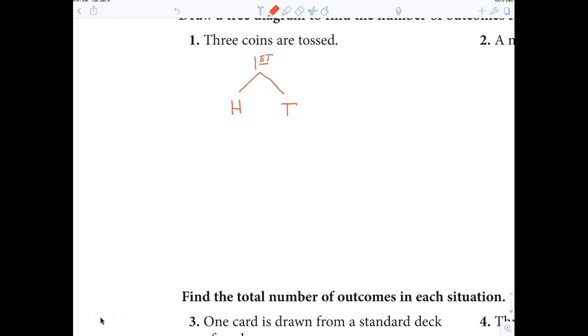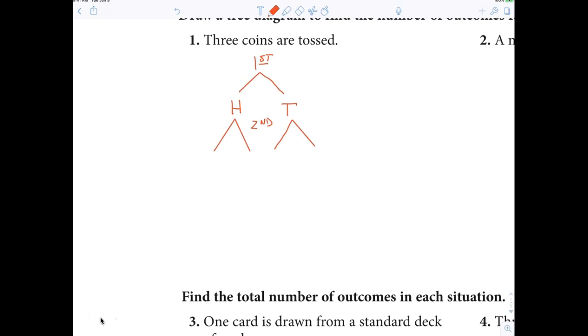Now, you're going to flip it a second time. And when you flip it a second time, here's what I want you to think about. You can get either a what?